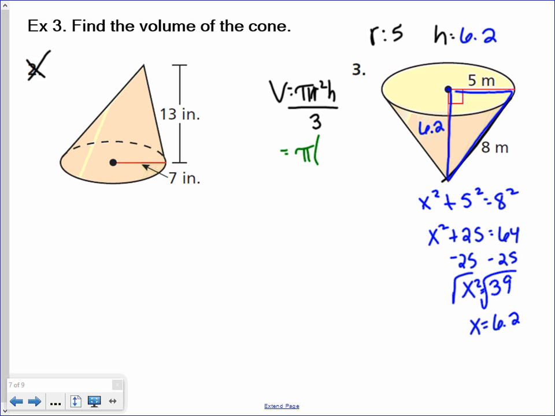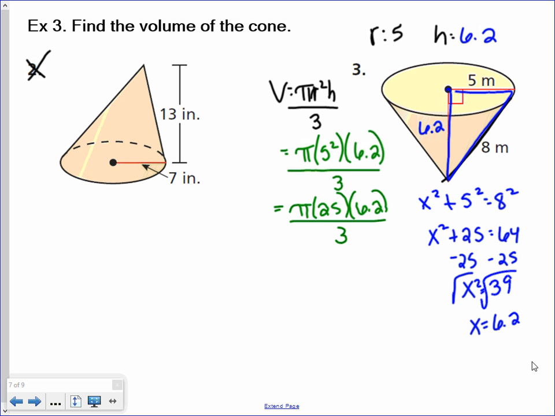All right, pi times 5 squared times 6.2 divided by 3. 5 squared is 25. 25 times 6.2 is 155. Divided by 3 is, I feel like something's not right here.